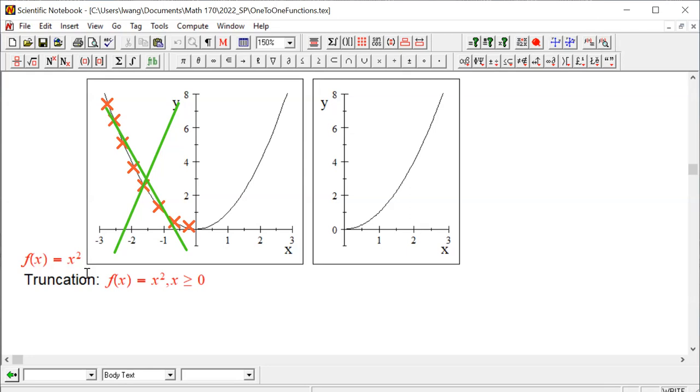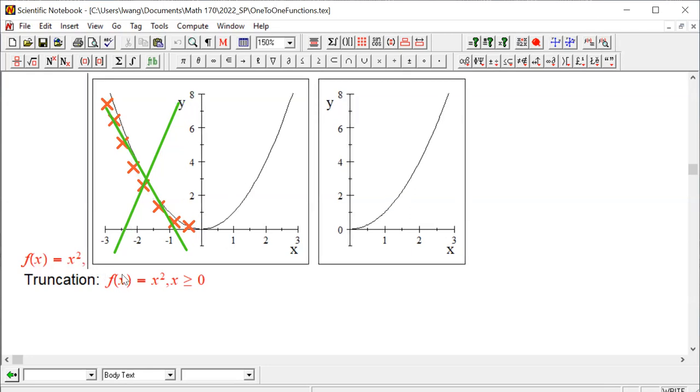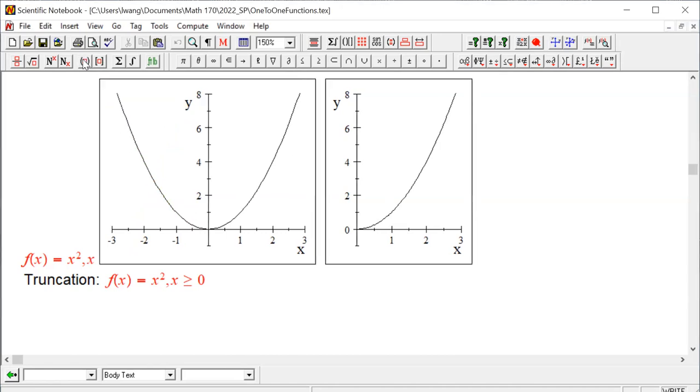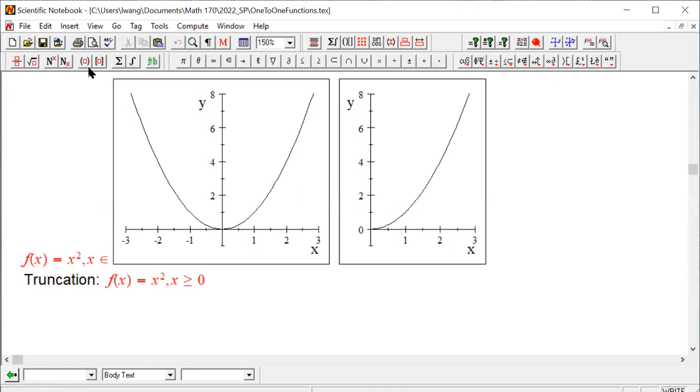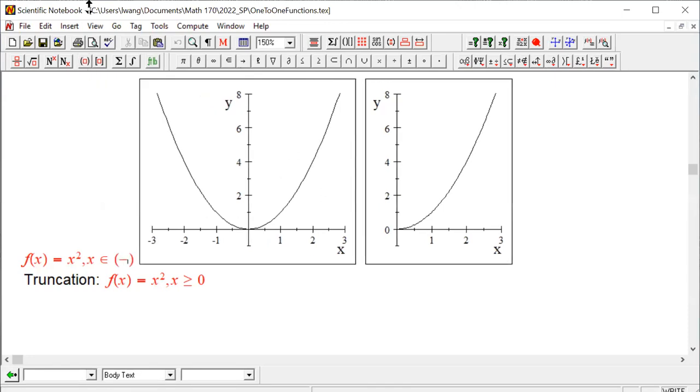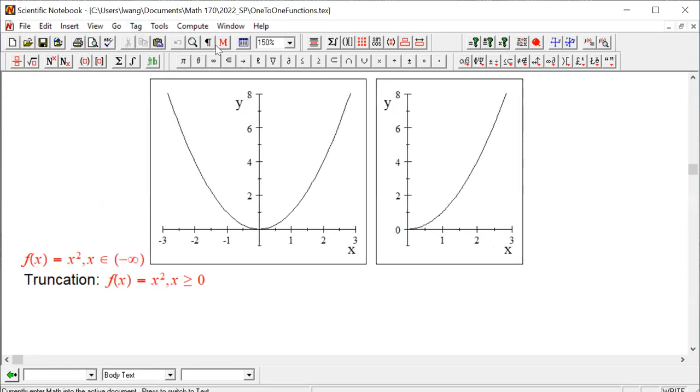The earlier function has the same rule, but its domain is all real numbers, from negative infinity to positive infinity.